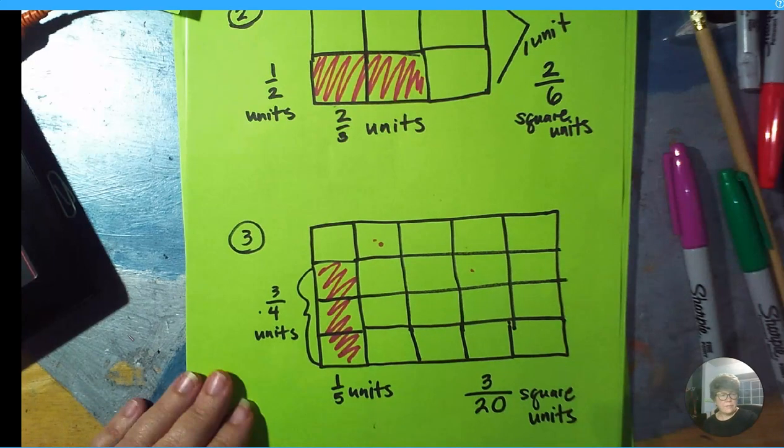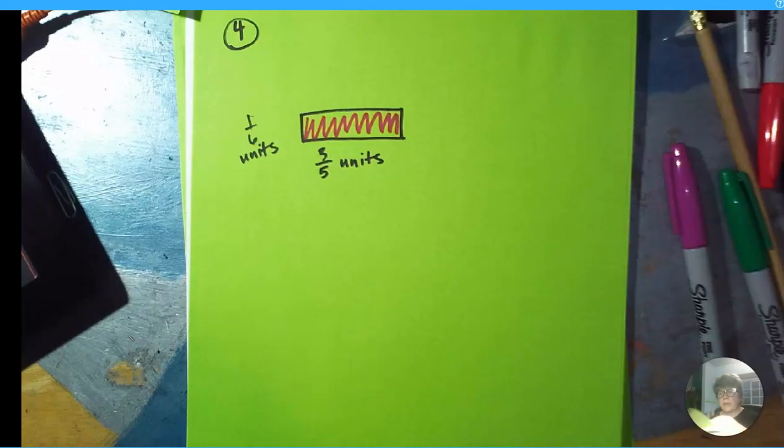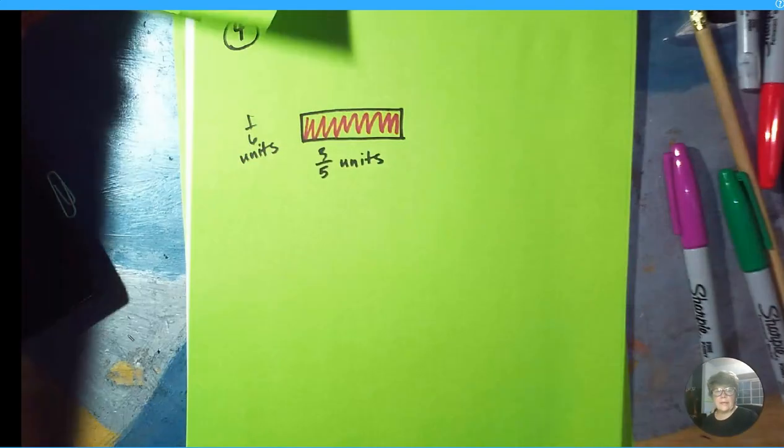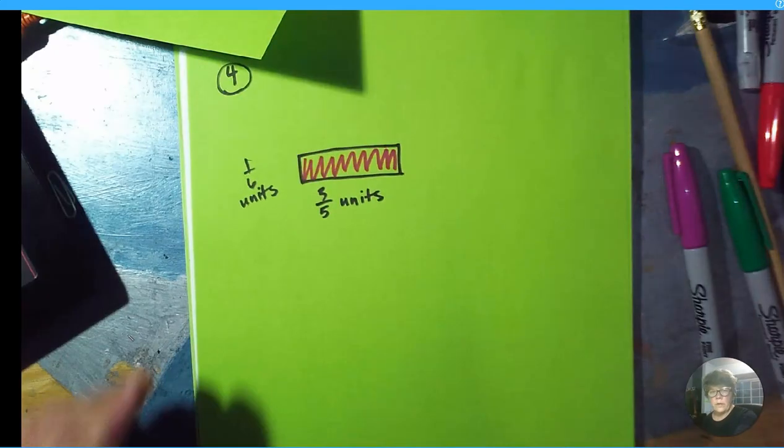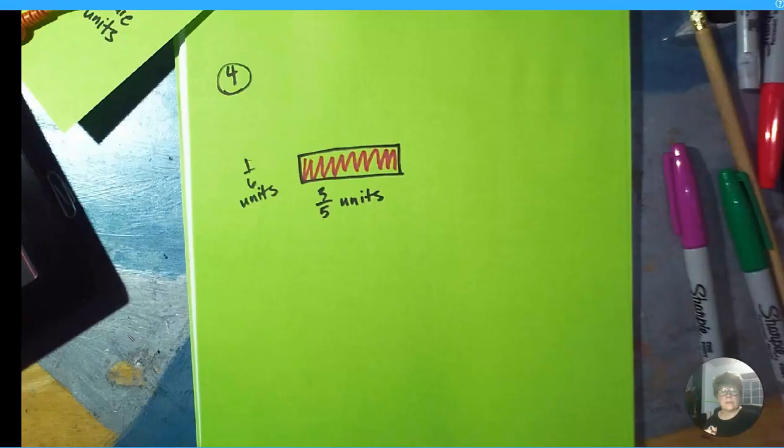And then we just have number 4 to go yet. And number 4 looks like this. 1/6 and 3/5. All right. So 1/6 and 3/5. Go ahead and work on your drawing. I'm going to give you a little bit of time to work on your drawing there.